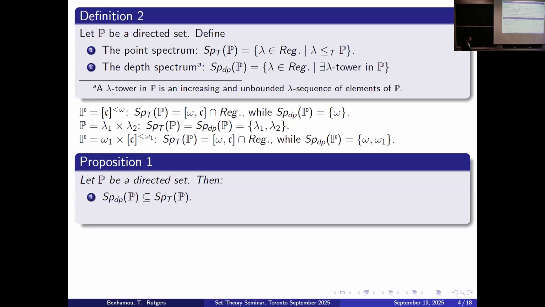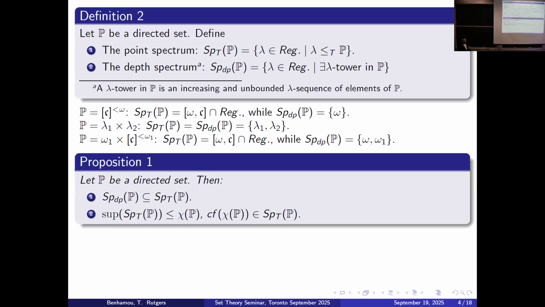So some easy observations. If P is a directed set, then the depth spectrum is always a subset of the Tukey spectrum, and the reason is that the tower is going to be a witness for that property. Another observation is that the supremum of the Tukey spectrum is always bounded by the character.